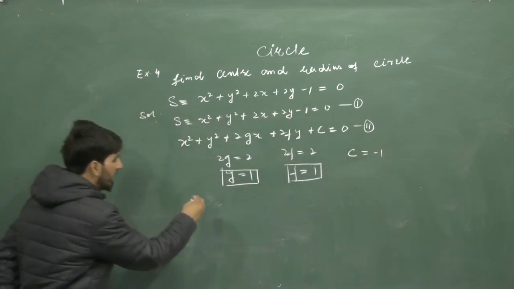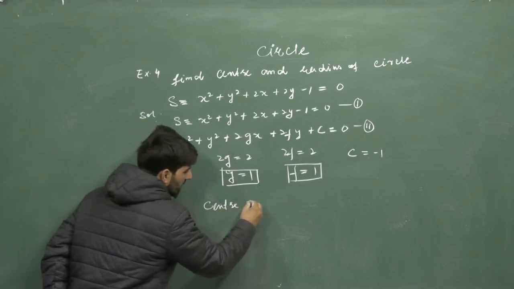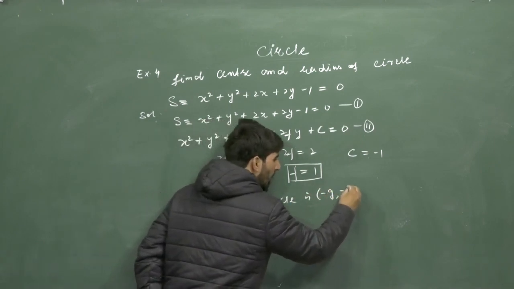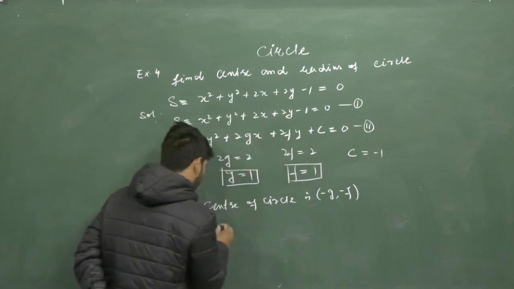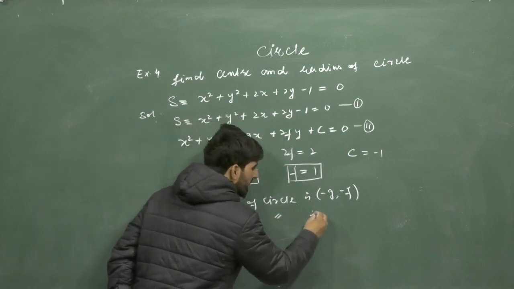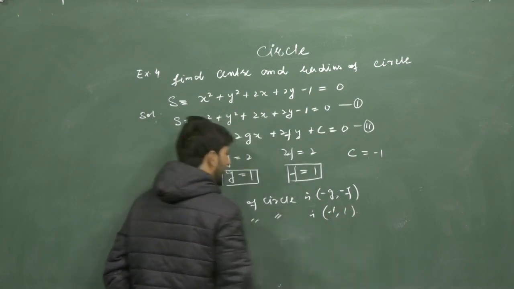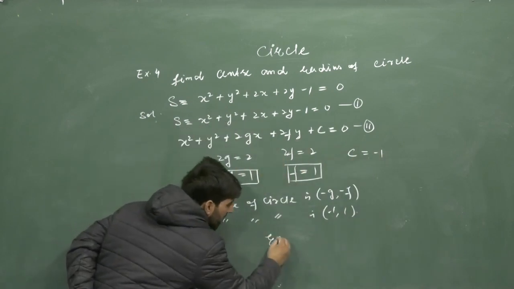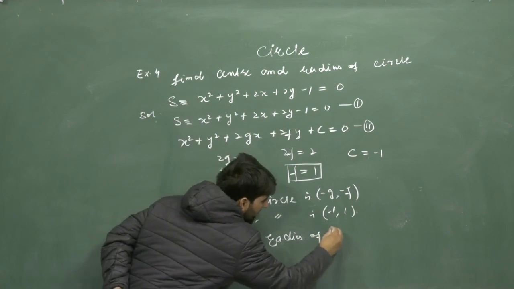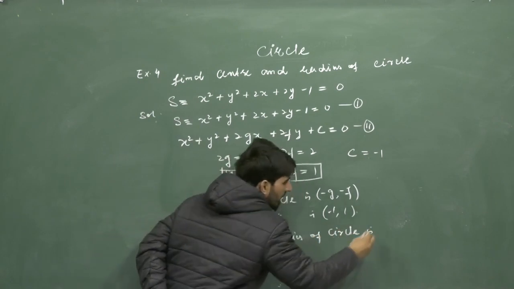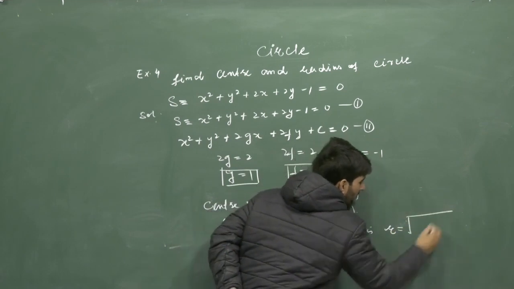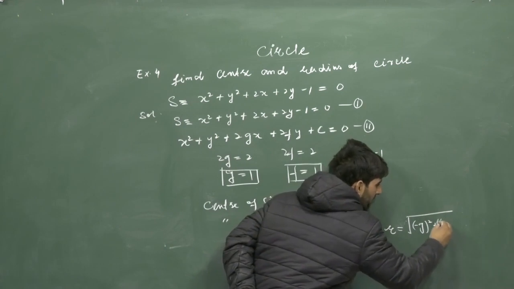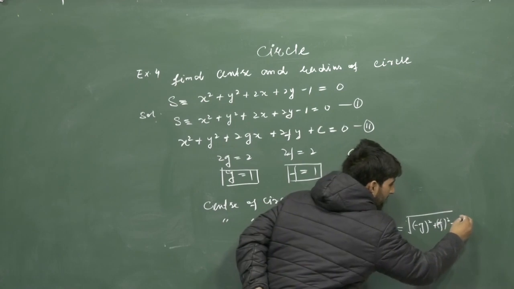As we know that the center of a circle is (-g, -f), therefore the center of the required circle is (-1, -1). And also we know that the radius of the circle is r = root of g^2 + f^2 - c.